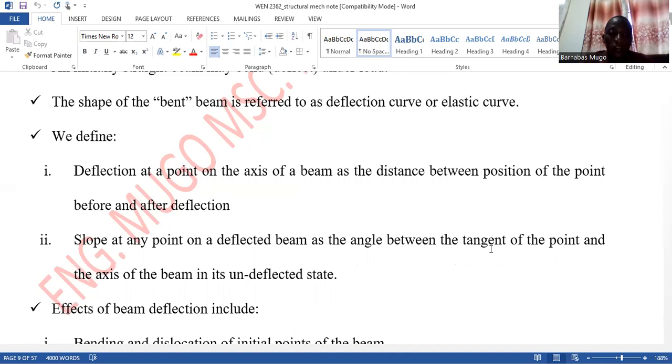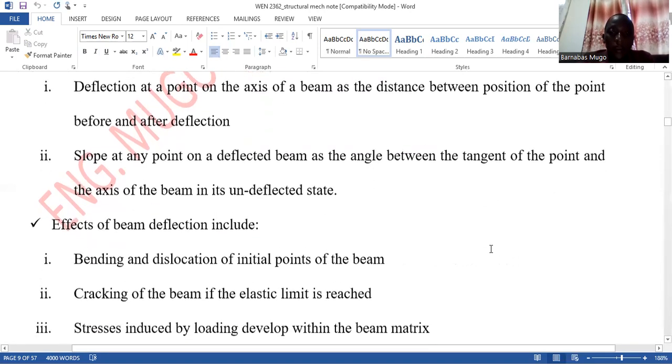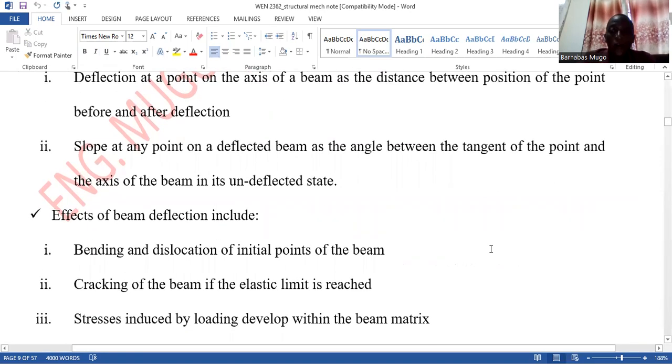They constitute what we are calling the deflection. The slope, on the other hand, is going to be the angle between the tangent at the point and the axis of the beam in its undeflected state, as you are going to see later.